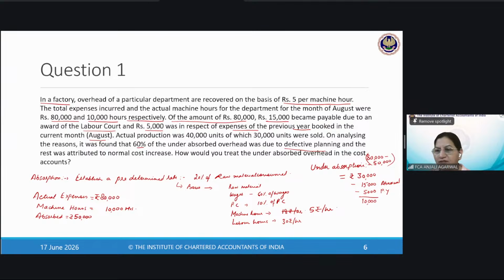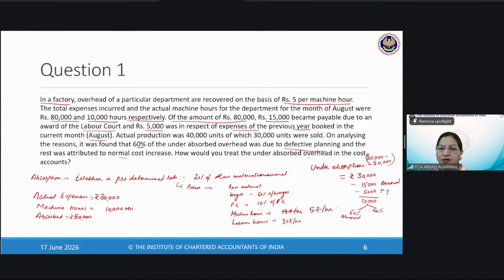So see, out of 30,000, 15,000 because of labor court, 5,000 previous year, and out of this 10,000 which remains, 60% is again abnormal. Why? Because defective planning was there. So defective planning is also not something you do each year. So 6,000 is again abnormal and 4,000 becomes normal.